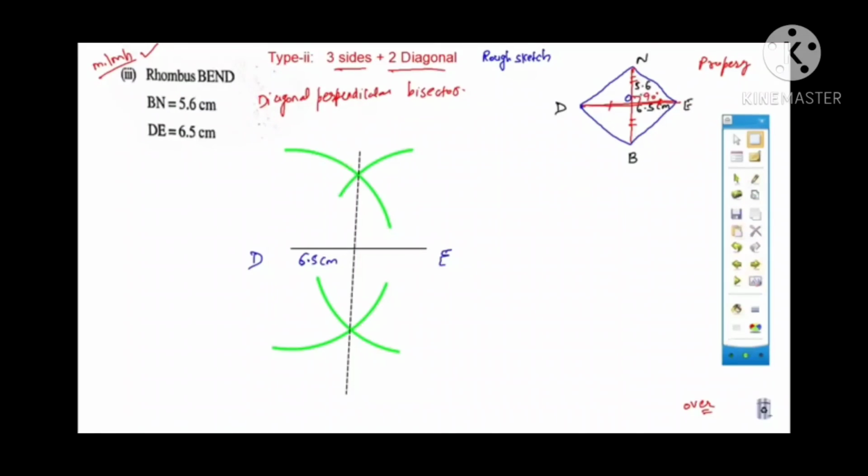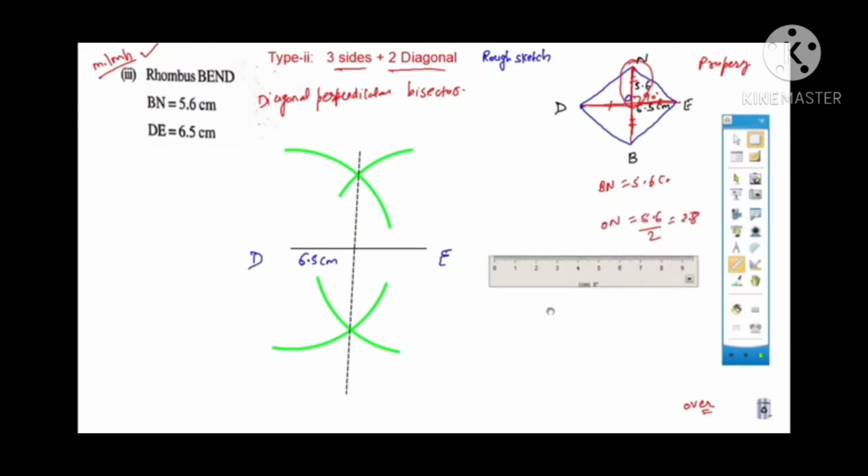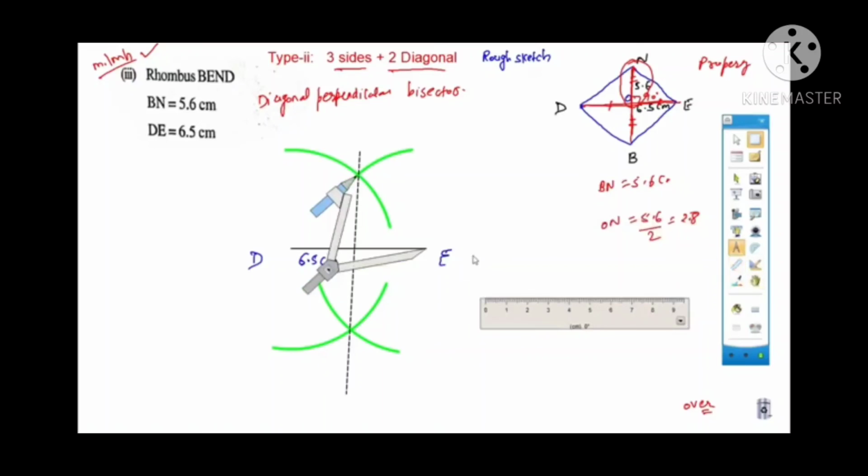Now take the measurement with the compass, that is they have given another diagonal which is equal to 5.6 centimeter. Is it? But we know that these 2 perpendicular bisectors cut equal to both of the sides. Is it? So we want only one side. So ON is equal to 5.6 divided by 2 means that is 2.8 centimeter.